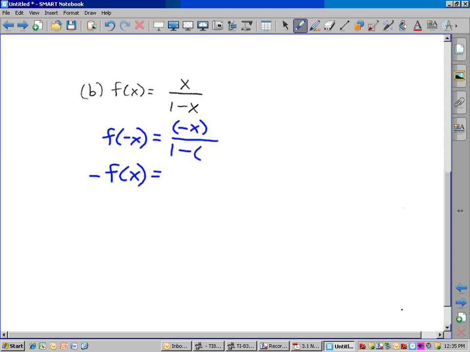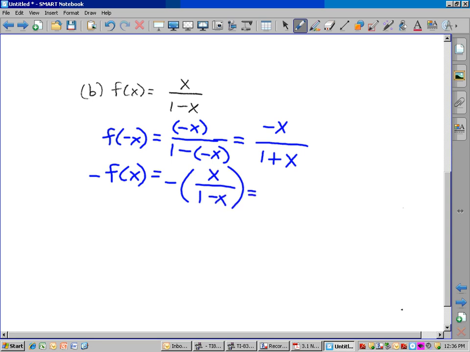This x becomes a negative x. Clean it up. Negative x over 1 plus x. Negative f of x: put a negative out in front of the original function, x over 1 minus x.